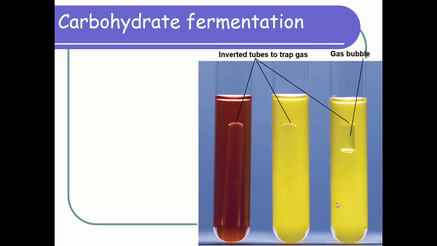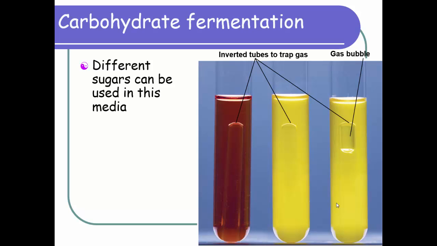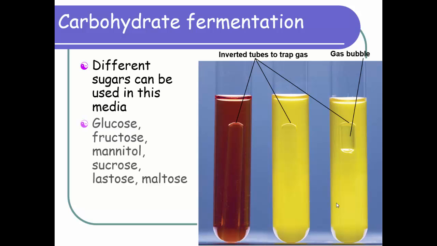Carbohydrate fermentation, we can use different sugars in the liquid media to determine what type of sugars the bacteria can ferment. In our testing, we will utilize over the semester glucose, fructose, mannitol, sucrose, lactose, and maltose sugars.